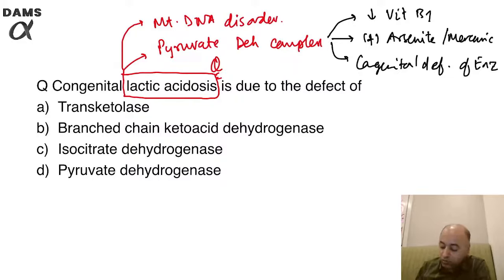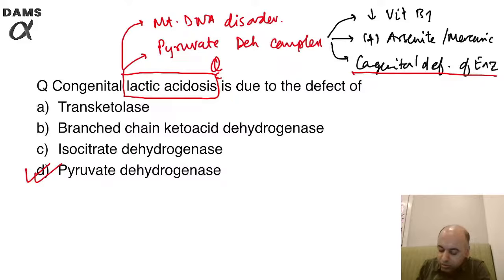Obviously, you can see out of these, the congenital cause is the congenital deficiency of the enzyme pyruvate dehydrogenase. Alright. So remember, anything which affects the electron transport chain, anything which causes mitochondrial DNA disorder, anything which disrupts the pyruvate dehydrogenase complex, all of these are going to present with the lactic acidosis.